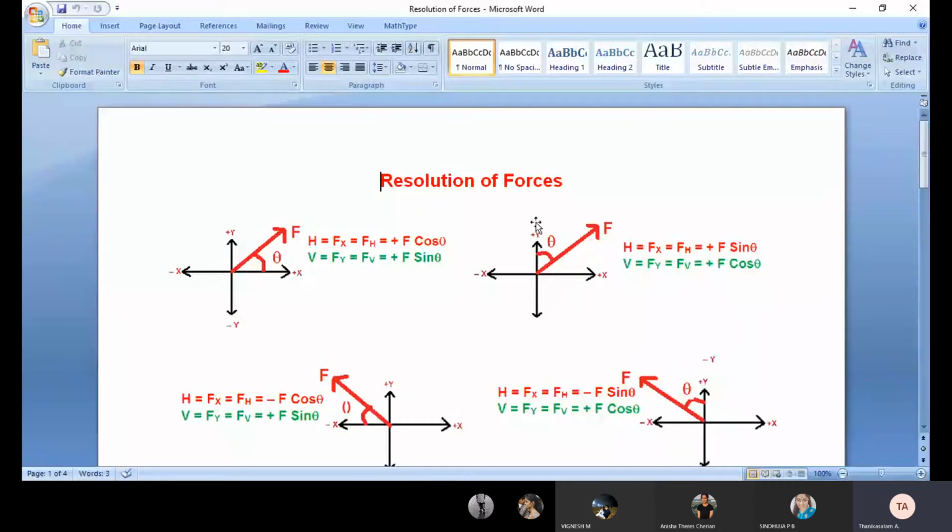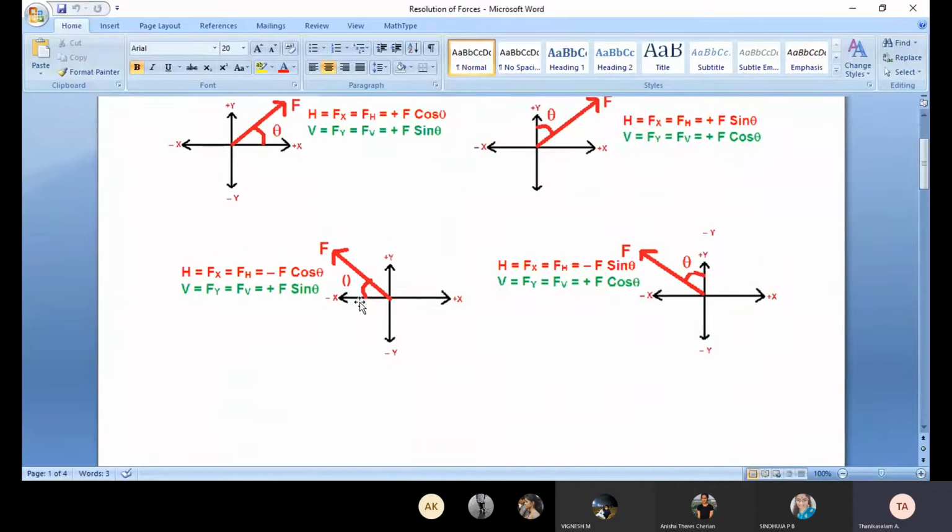Now the vertical component Fv or Fy equals F cos theta. Understand? Whichever axis theta is lying on, whether x-axis or y-axis, that axis has cos. And you have to mention whether it is a first quadrant or second quadrant. First quadrant means x positive, y positive.